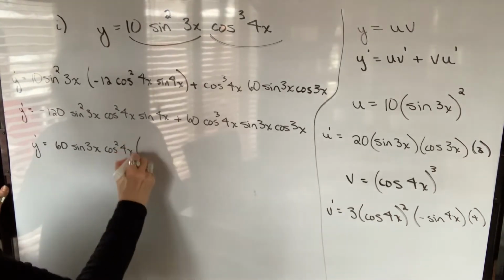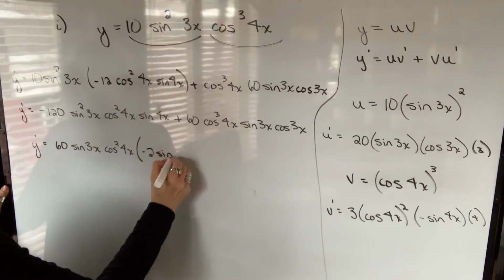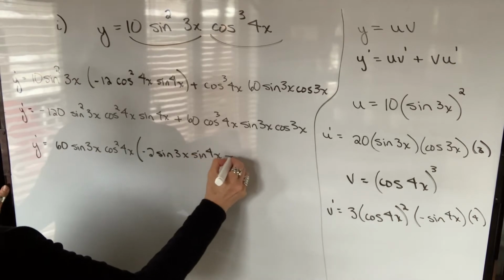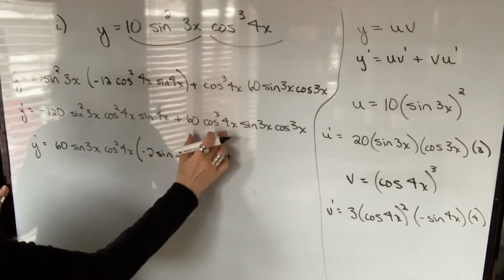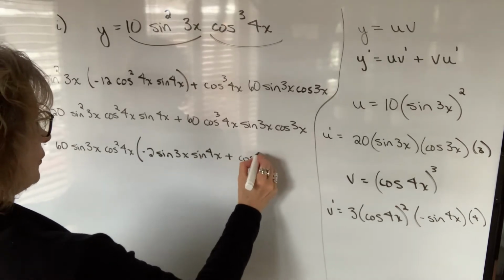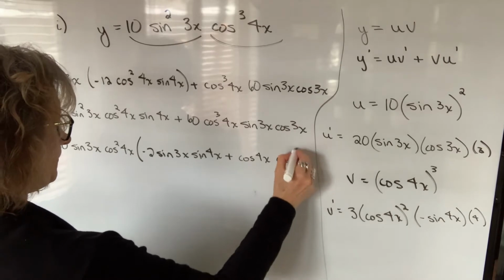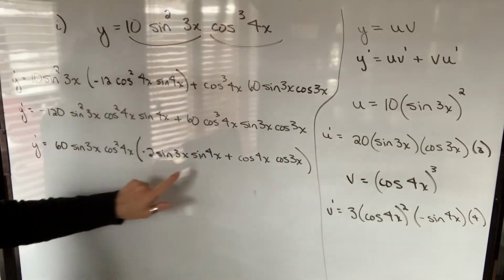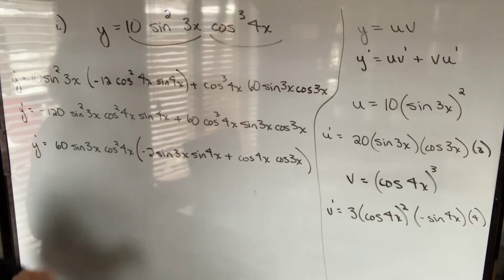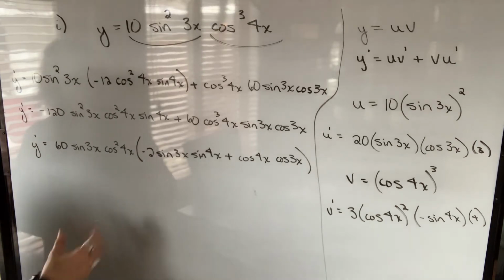And when I factor that out, I will be left with negative 2 sine 3x sine 4x, plus when I factor this out of this term, I'm left with cos 4x and cos 3x. And you might see the order reversed so that the positive term is first. Both of these are considered equally simplified. It's just that this one is factored.